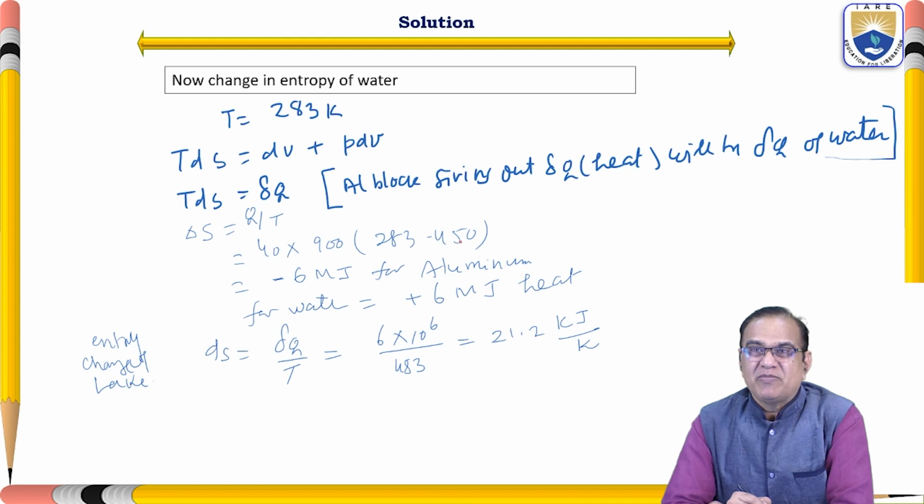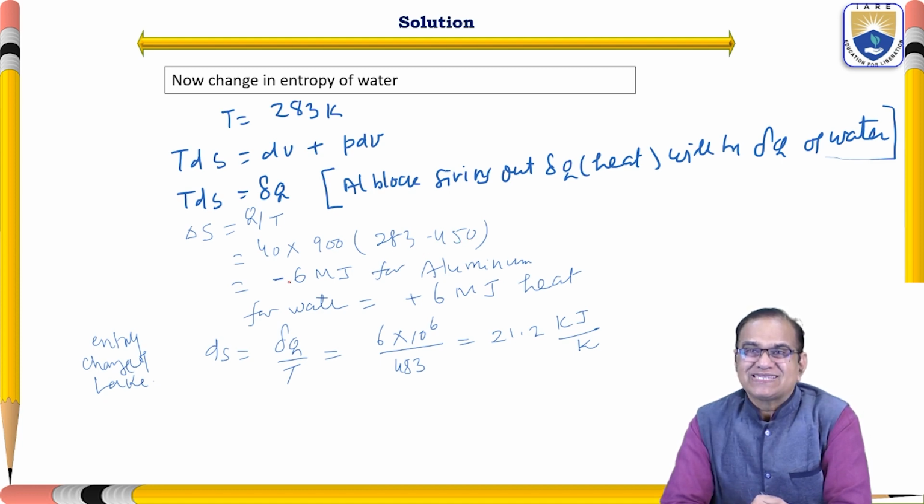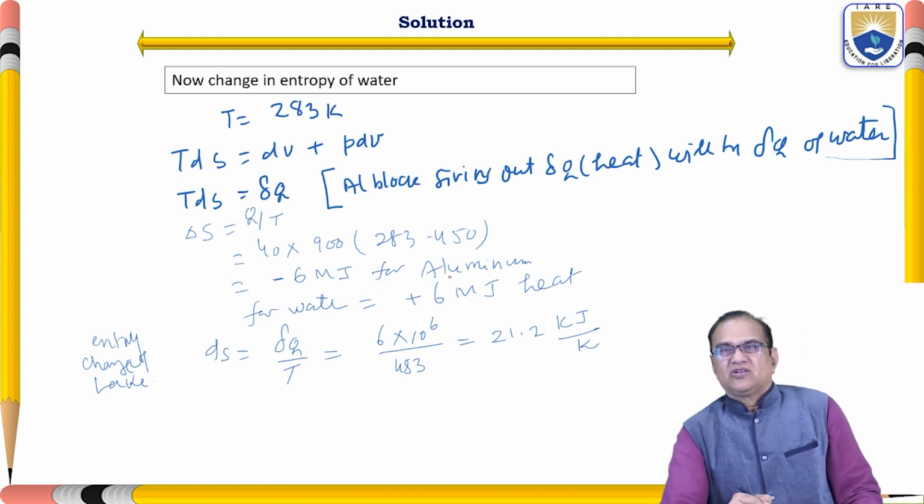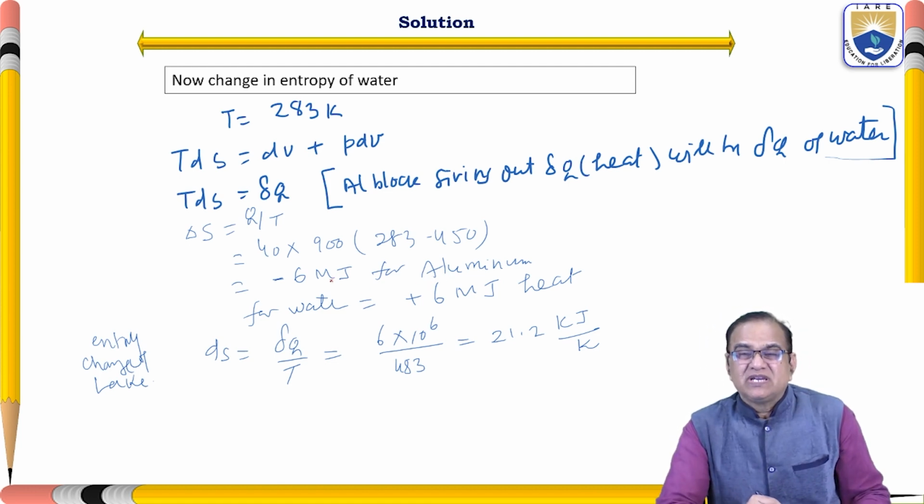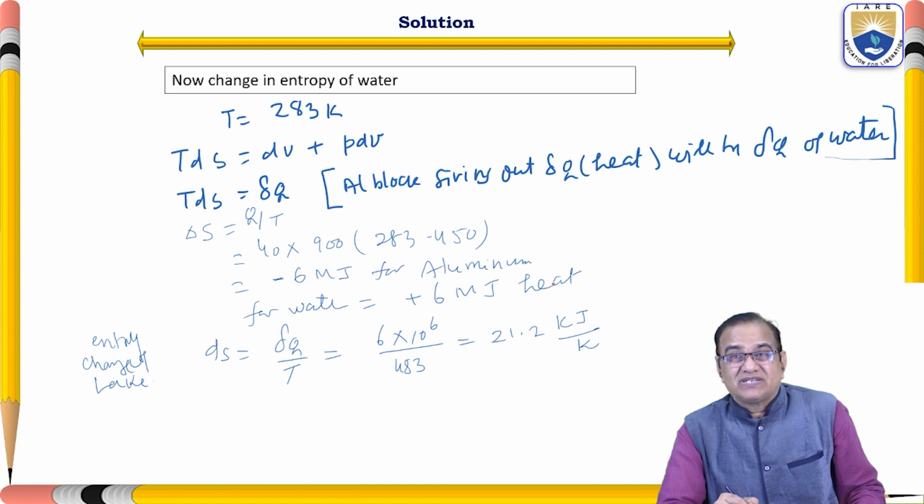So it will come to minus 6 megajoule for aluminium. For water, it is plus 6 megajoule of heat.